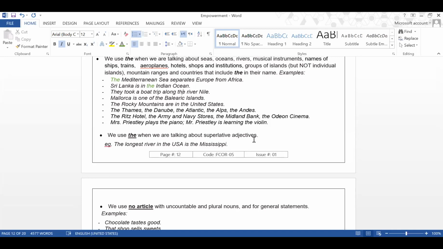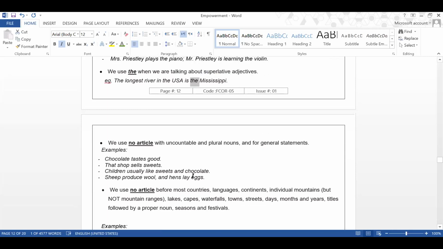Before the est, we must use the article the, like the longest, as you can see here. Superlative, I must use the article the. Here, the Mississippi in the USA, the name of a river, the. You can find them all here.